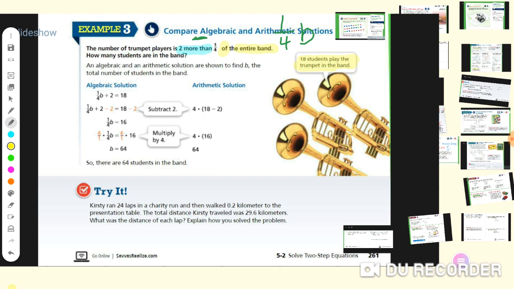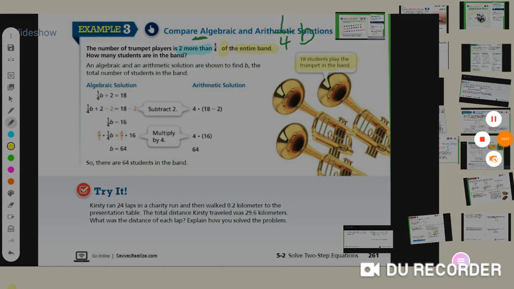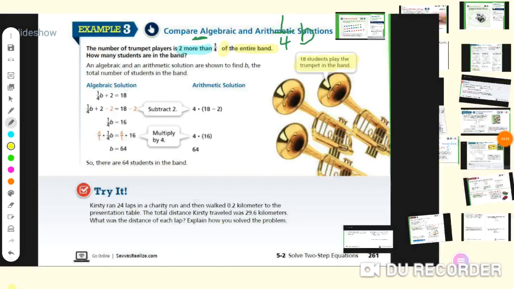So the number of trumpet players, as we see here on the next side, is 18.